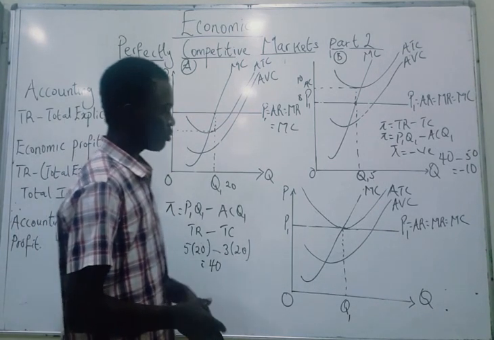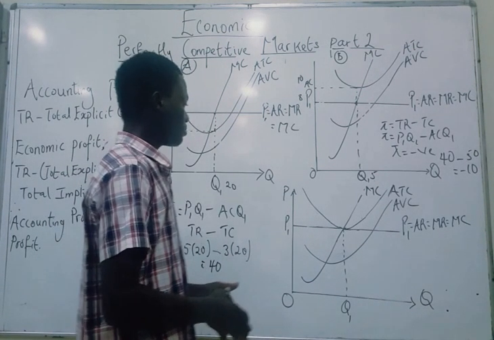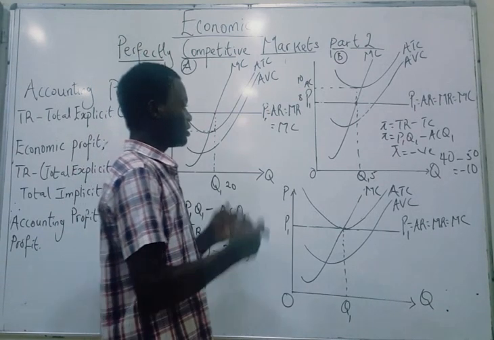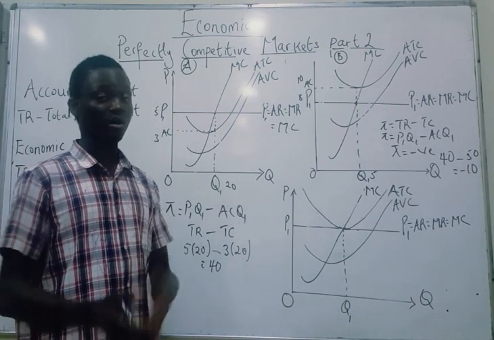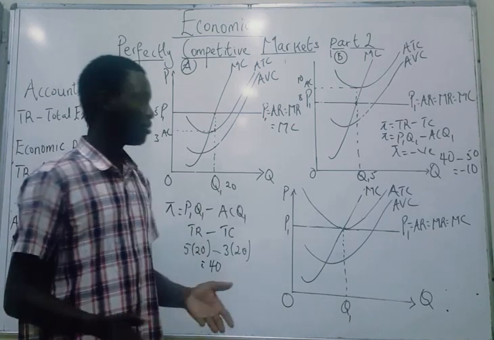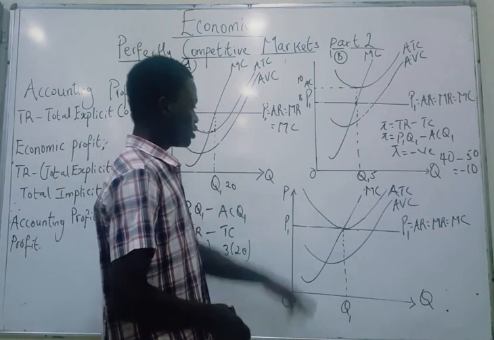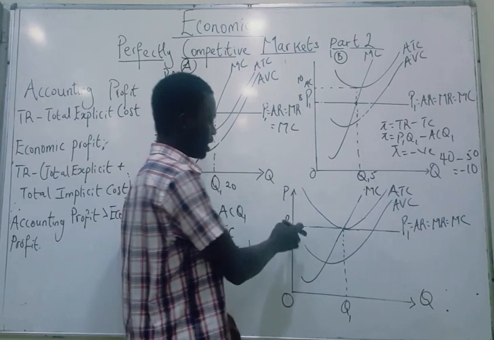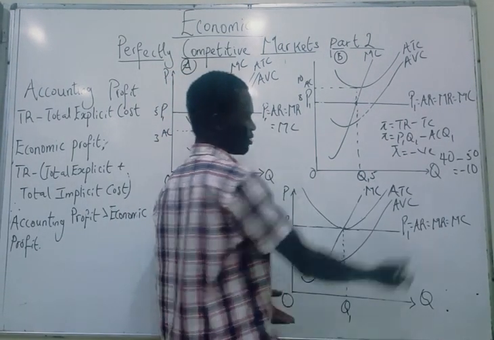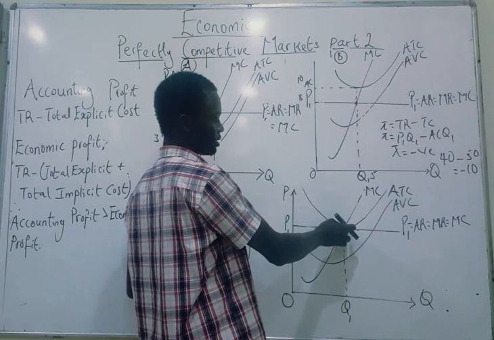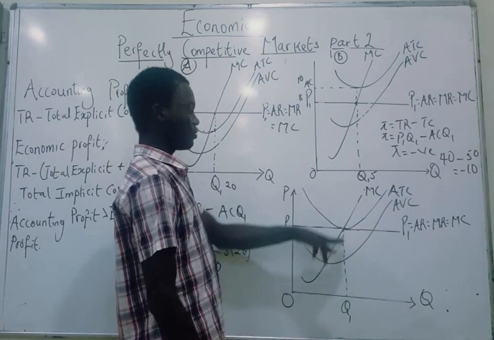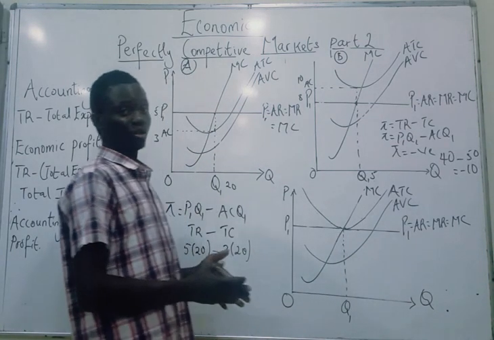Now look at this third scenario. It's a unique one. The firm maximizes profit where the marginal cost is equal to the marginal revenue. Where does that happen? This curve also represents the marginal revenue curve, and the marginal cost intersects the marginal revenue curve right here. But then what do we also observe?